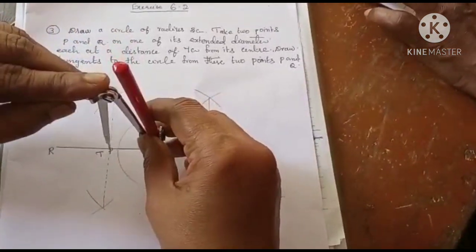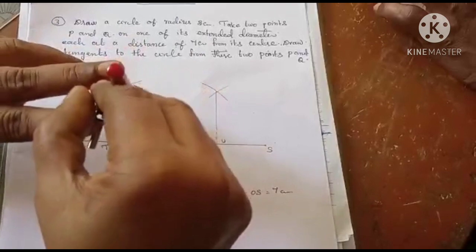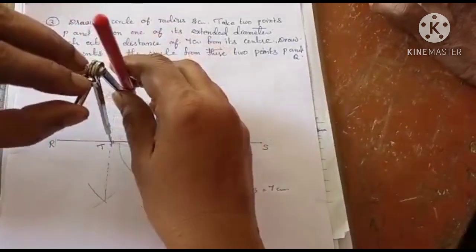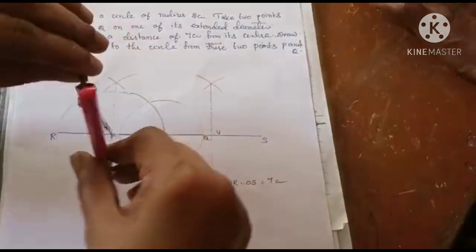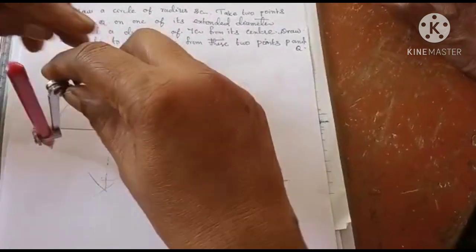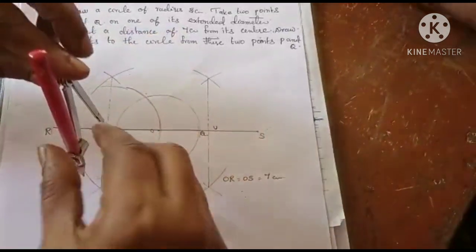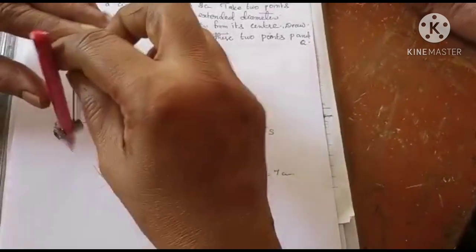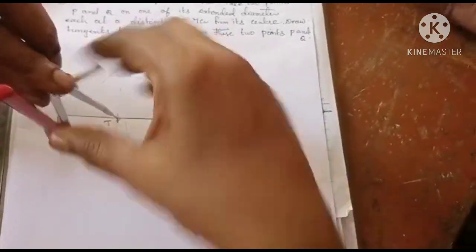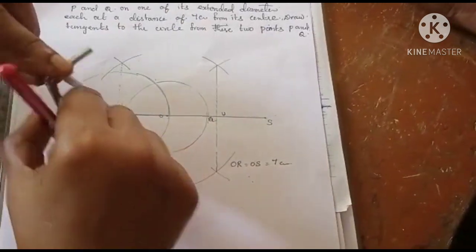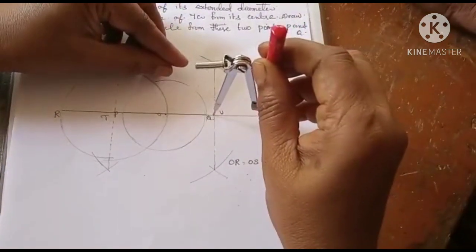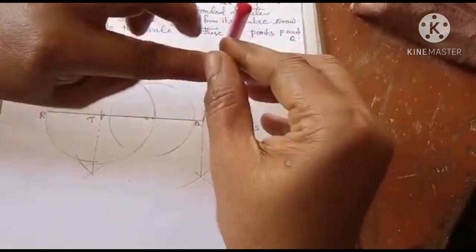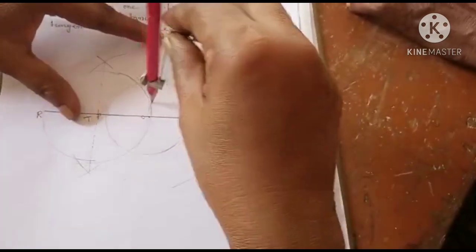The circles pass through the points O and R, and O and S.